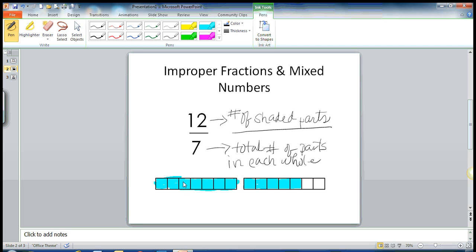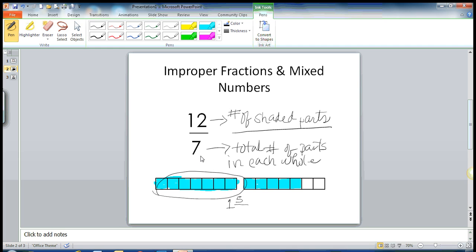So let's take a look at what mixed number 12/7 would be equivalent to. How many whole models are shaded? Correct. There's one complete model that is shaded, so the whole number would be 1. Now, how many extra parts are shaded? 1, 2, 3, 4, 5. Correct. 5 extra parts are shaded.